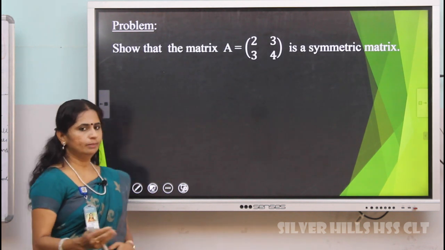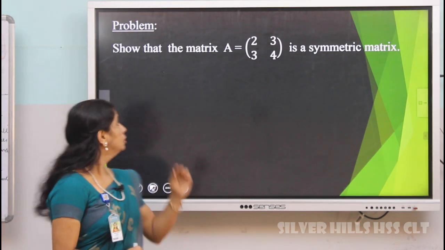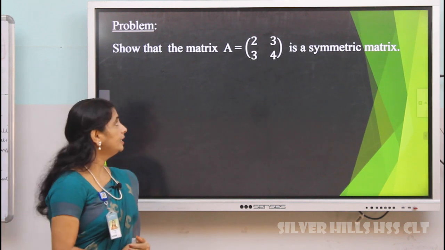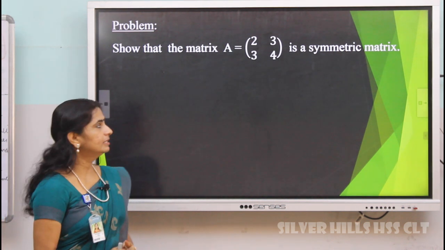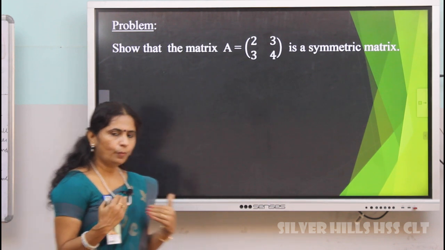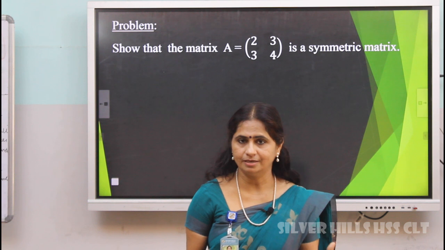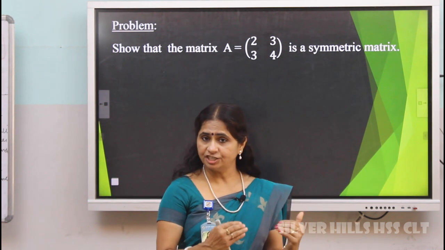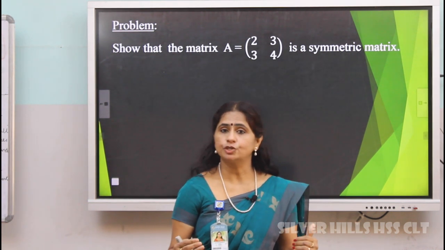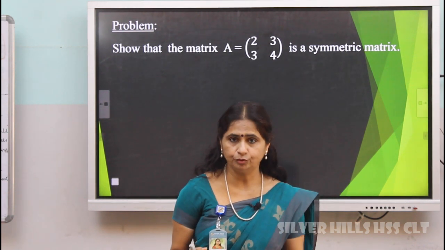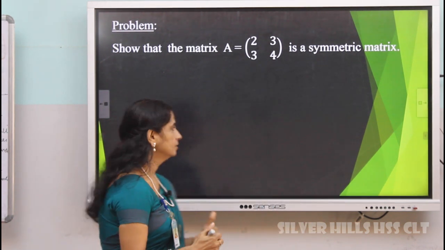Now we'll do a problem under symmetric matrix. Show that the matrix A is equal to 2, 3, 3, 4 is a symmetric matrix. Whenever you want to show any matrix is a symmetric matrix, as per the definition, we have to show A transpose is equal to A. So first we have to find A transpose.